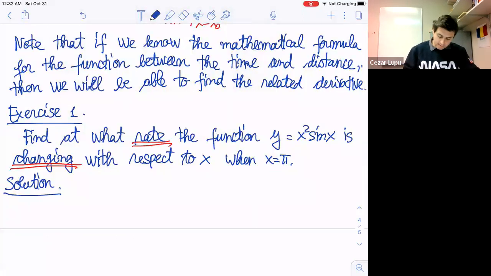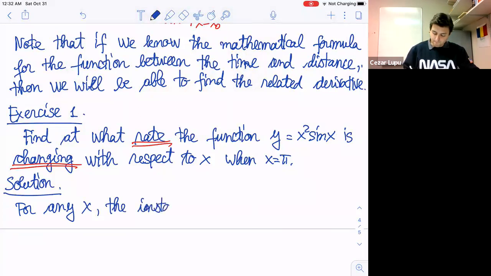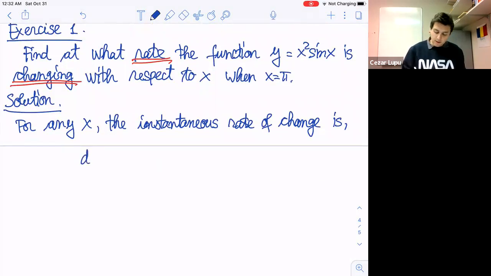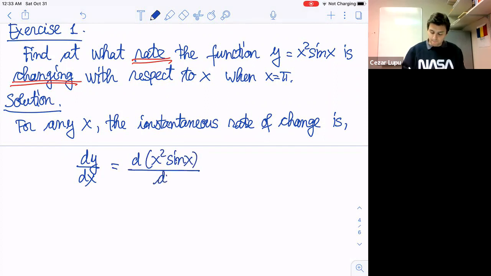So for any x, the instantaneous rate of change is given by, so this will be nothing else than just the derivative dy over dx, which is the derivative of this function, x squared times sine of x, everything over dx, right?